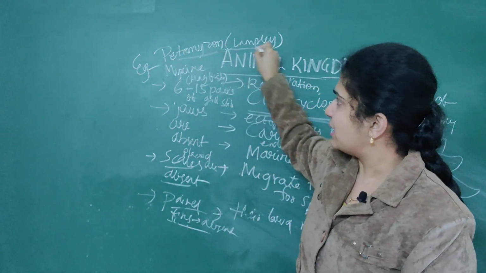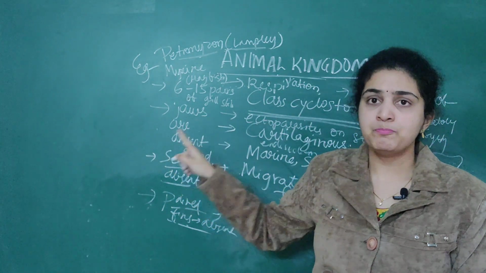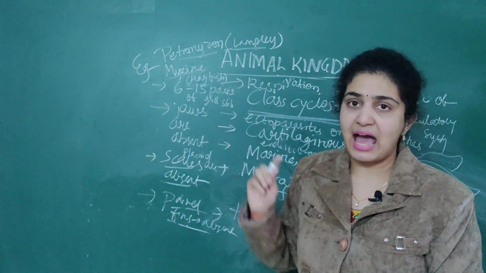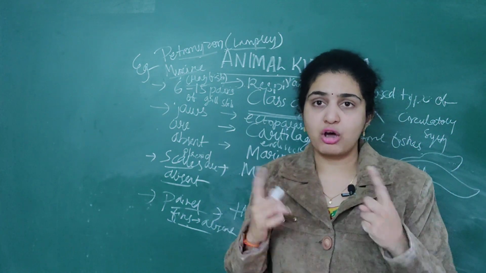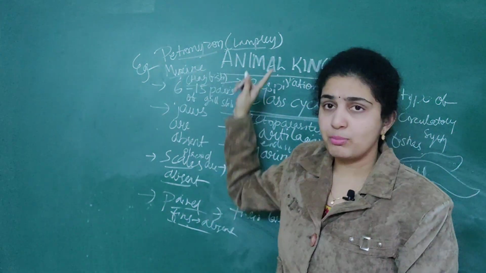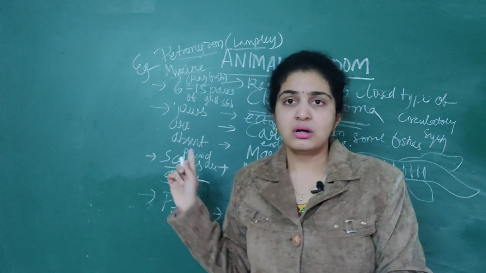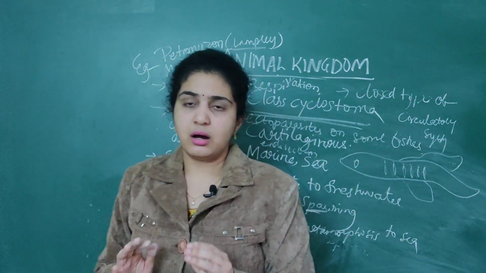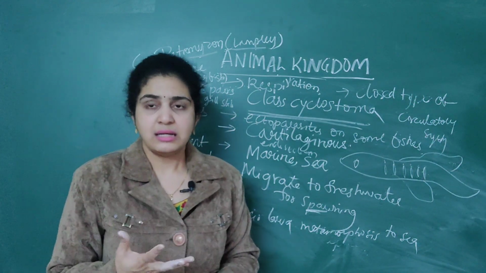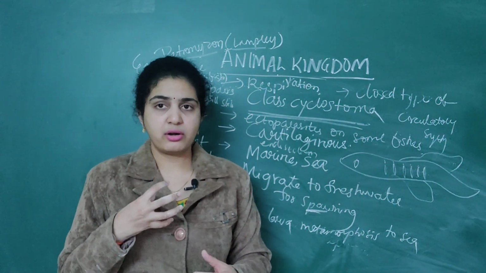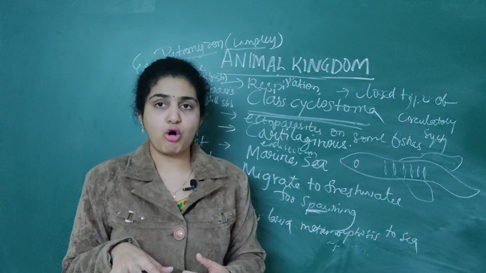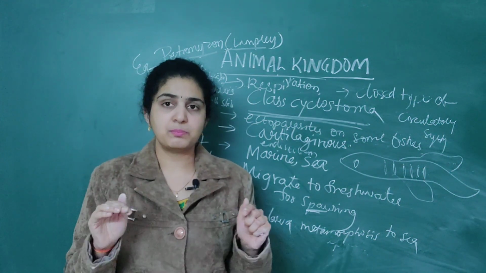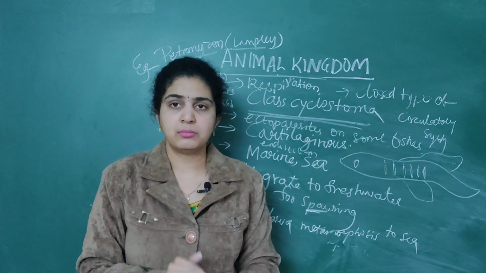For now, remember Petromyzon lamprey and Myxine hagfish belong to class Cyclostomata. So today we are done with Cyclostomata. Next class we are going to see Chondrichthyes followed by Osteichthyes, later reptiles, aves, mammals. We are going to complete this chapter of animal kingdom. Okay.